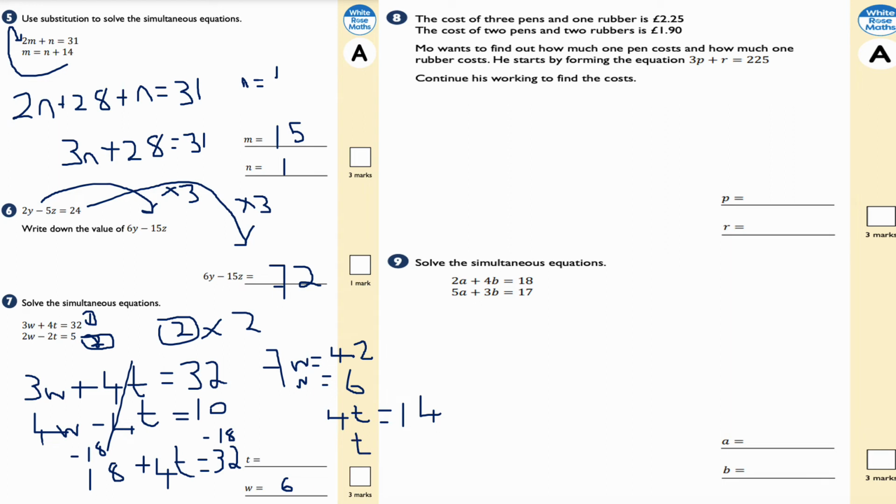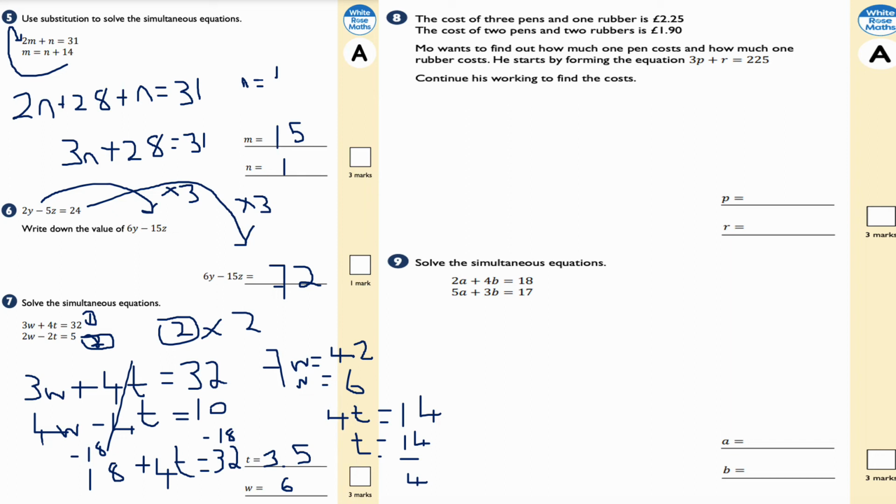Divide both sides by 4, then we get a fraction answer. We get 14 over 4, or 14 quarters, which is equal to 7 over 2, or 3.5. So always check there, guys.